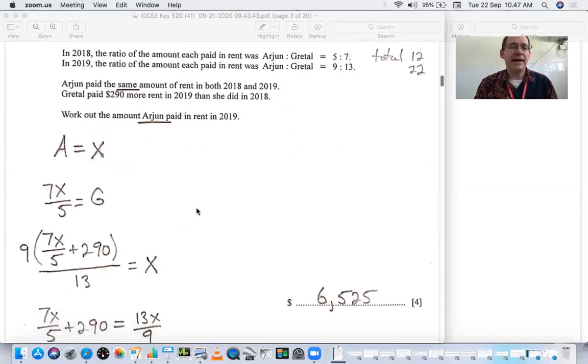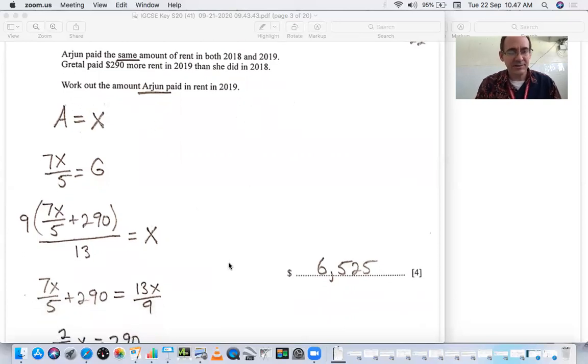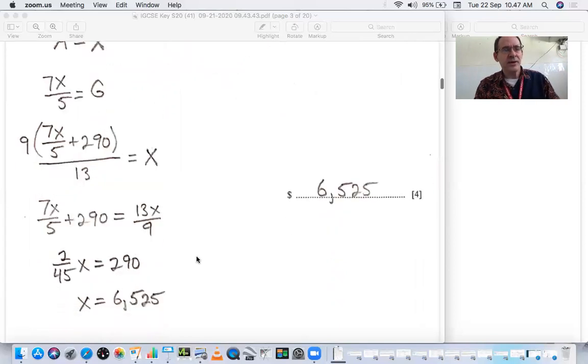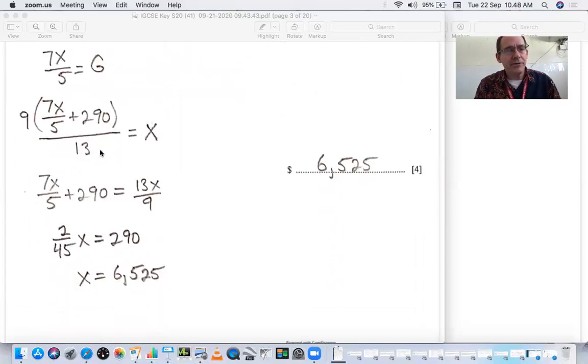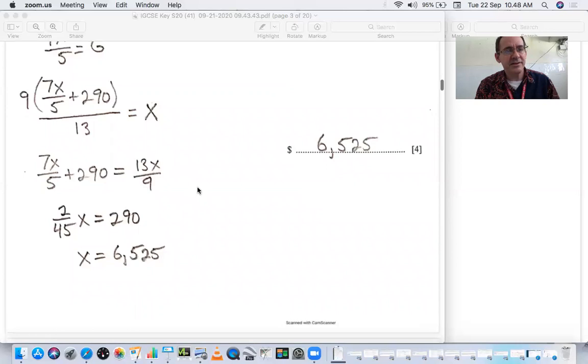Then we take her amount from 2018, which increased by $290 for 2019. Then we take that and divide it by 13 to get her individual share for 2019, and multiply it by 9, because Arjun has 9 shares in 2019, and that will equal X again, because Arjun's amount did not change. Now we multiply the 13 to the other side, divide by 9, and so we have this.